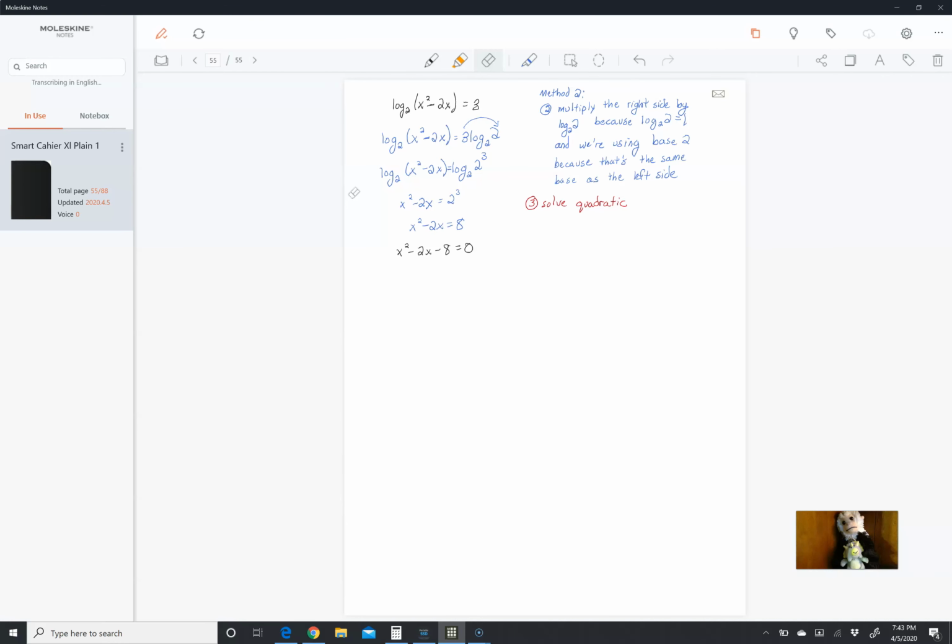So now this is factorable. X squared minus 2x equals 8. It was supposed to be factorable. Most of the ones that I'm going to give you will be factorable. So we need two numbers that multiply to -8 and that add to -2. The two numbers would be -4 and +2.